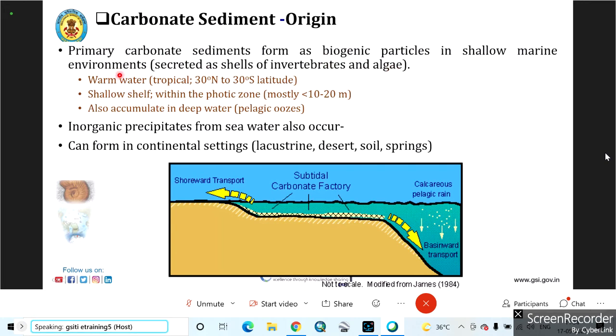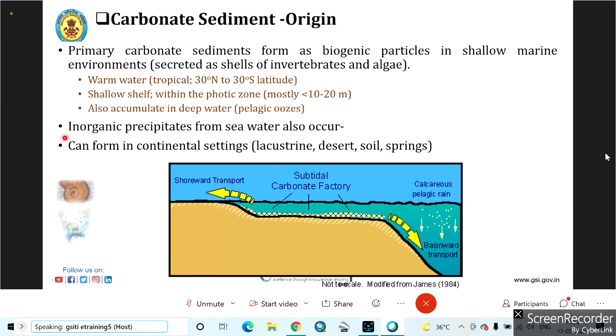In this particular situation, it precipitates in warm water tropical areas from 30° north to 30° south latitude, in the shallow shelf within the photic zone, mostly between 10 to 20 meters, and also accumulates in the deep water as a pelagic ooze.